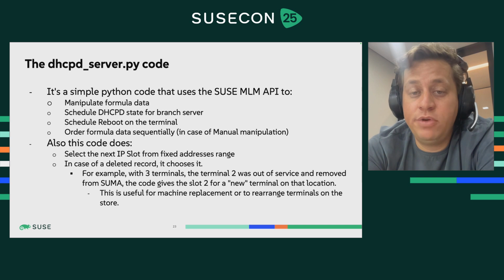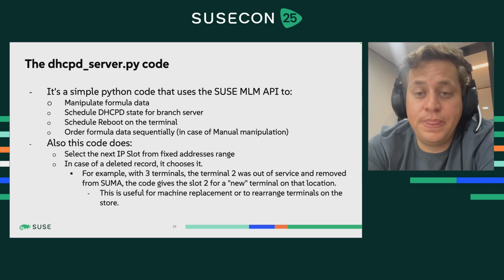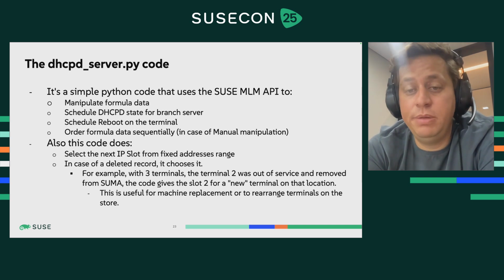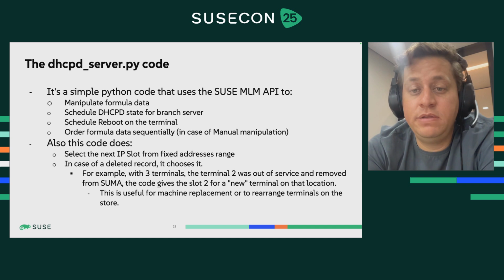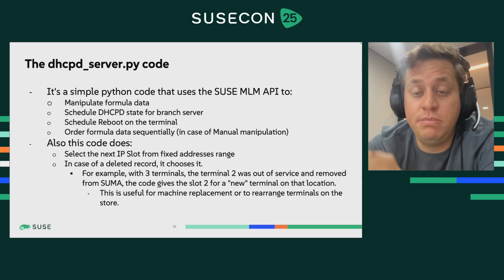And also, every time that the code manipulates formula data, it orders the formula data by the host name and by the static IP range order.